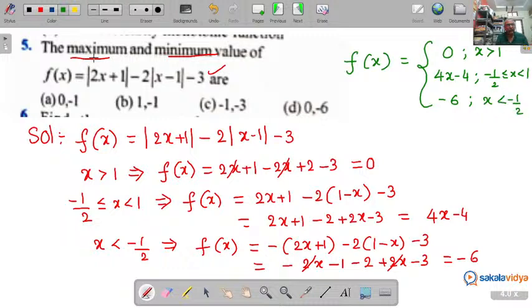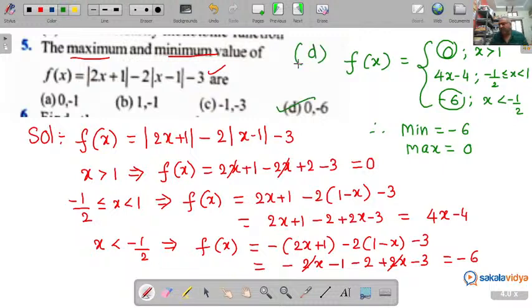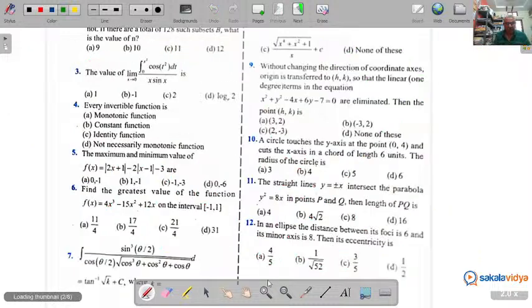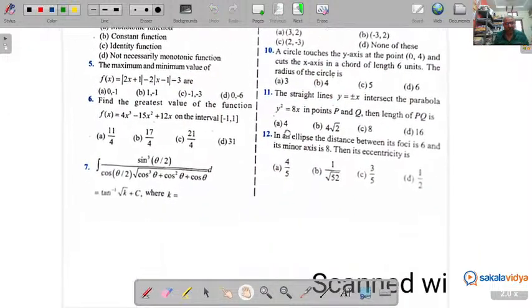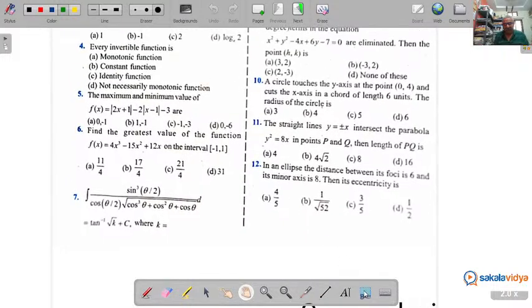So what we need to find out? Maximum, minimum, that means range we need to find out. Range means this is minimum value, this is maximum value. So therefore minimum is equal to minus 6, maximum is equal to 0. So minus 6 comma 0. So D is the right option. Right. Let us move to sixth question now.